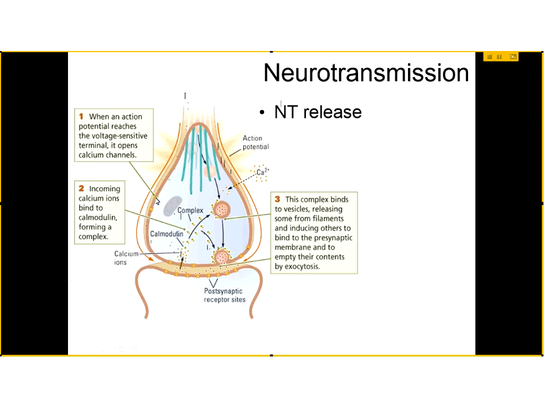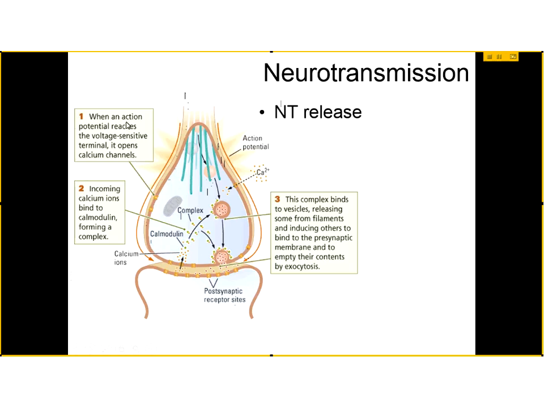So as that action potential travels down, it activates these voltage-sensitive calcium channels here. Calcium enters, and when it enters, it can either tear the vesicles away from these microtubules, or it can actually cause the vesicles to dock, almost like a bubble landing on a surface, and then as that bubble's there, that causes a pore to open up, and then all the neurotransmitter that was in that vesicle will empty out into the synaptic cleft.